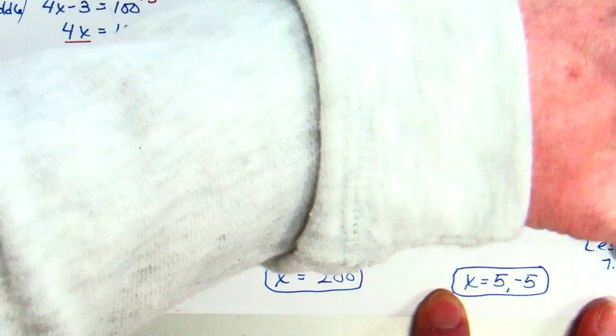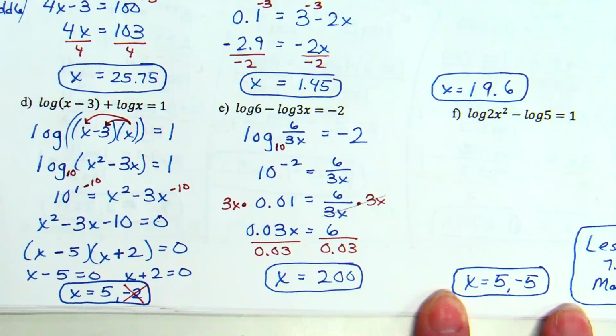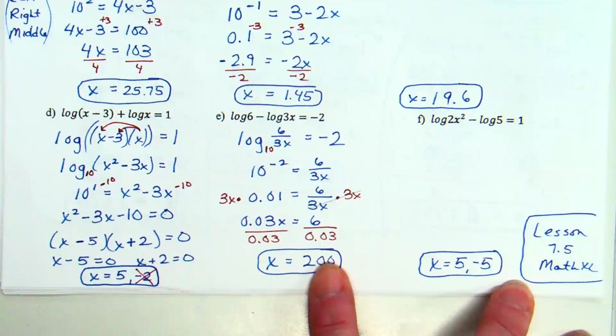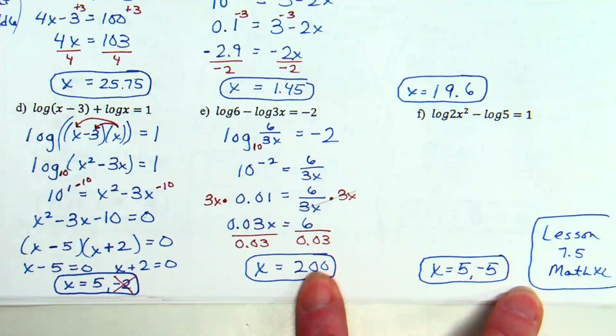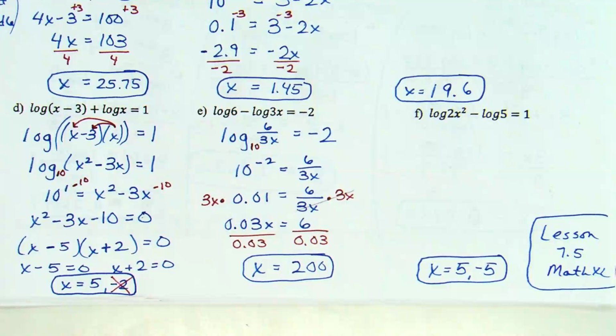It's less than 7.5 in Math Excel. So you had the right answer, you were just off by 100 somewhere. So probably just really a careless mistake then.